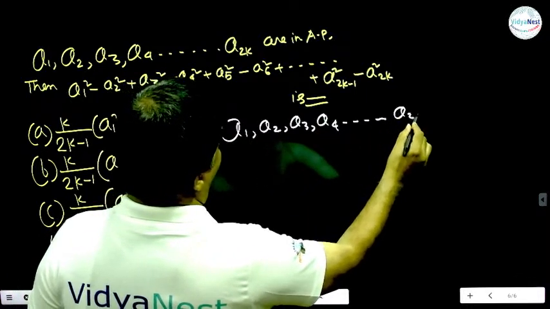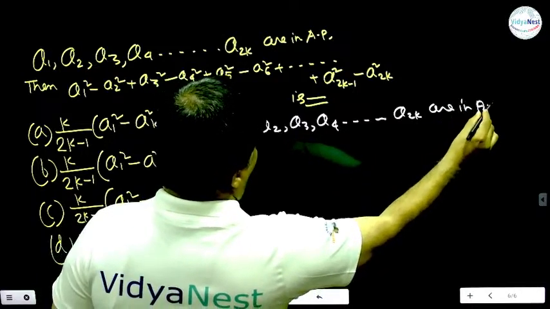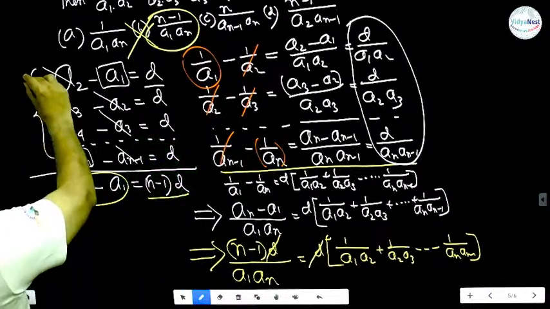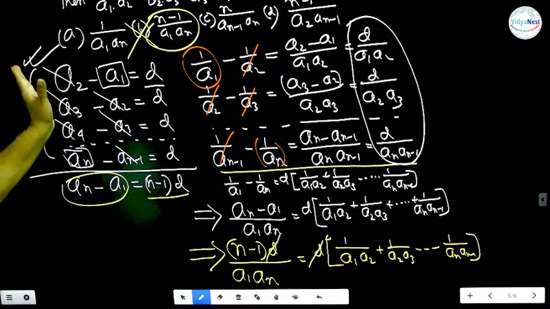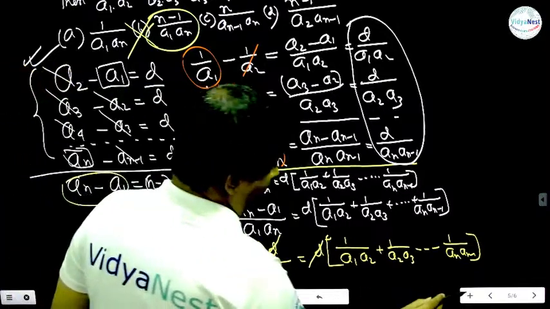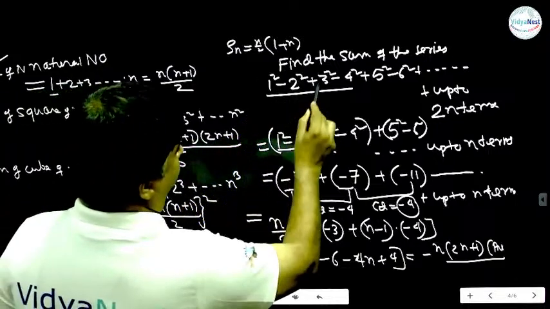Up to a2k are in AP. So you just use this concept, and after that use that concept, pairing.